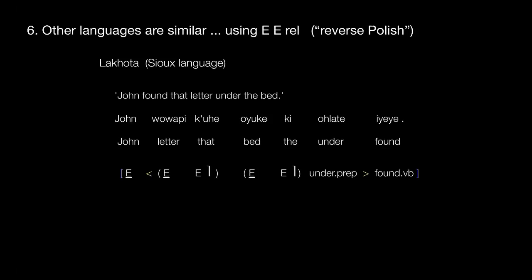There's a phenomenon in linguistics where you can classify languages according to different structures. And this, EREL-E happens to be one set of languages, EEREL is another. And this is essentially like reverse Polish in mathematics or computer programming. But you can do it, and it's the same general idea.